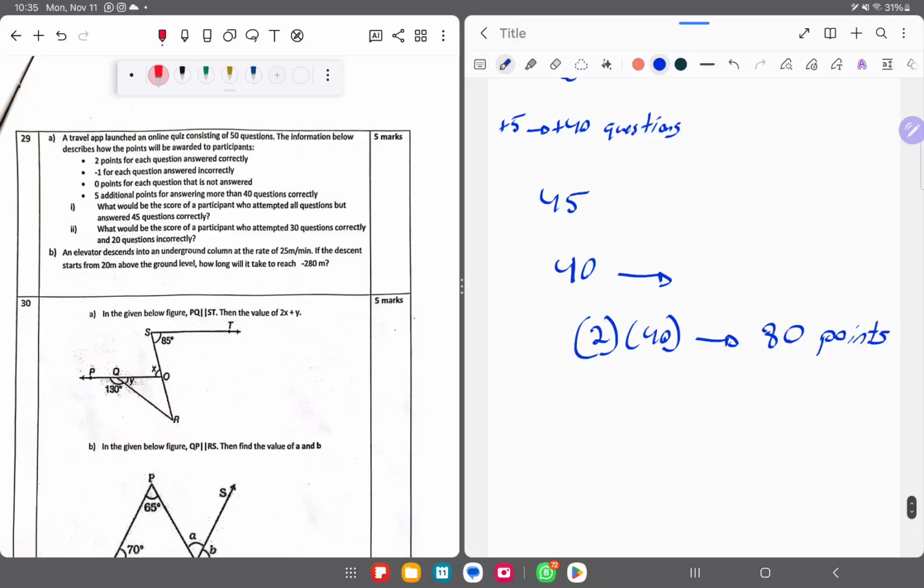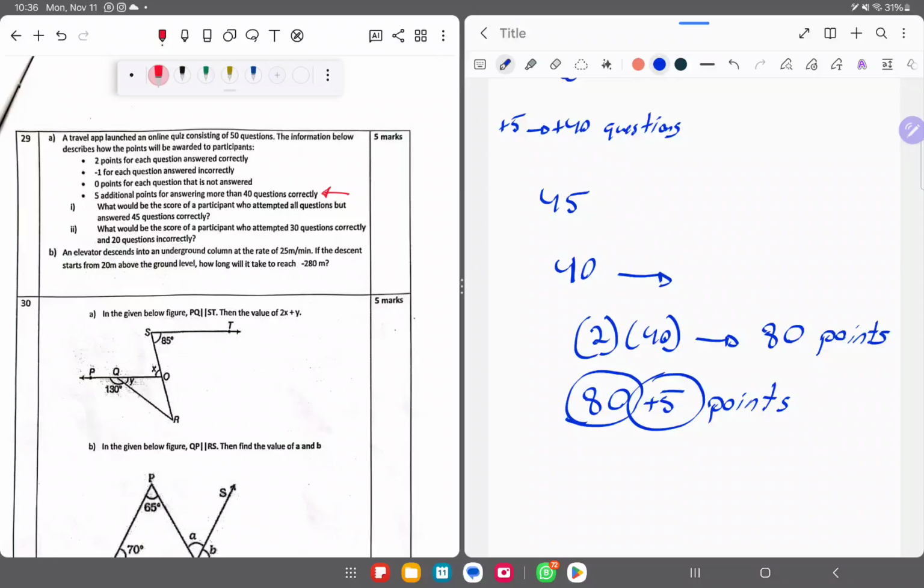And then she's getting +5 points. 5 additional points for answering more than 40 questions is just a one-time thing. They're saying you will be rewarded an additional 5 points for answering more than 40 questions correctly. So you got your first 40, and this is your bonus.